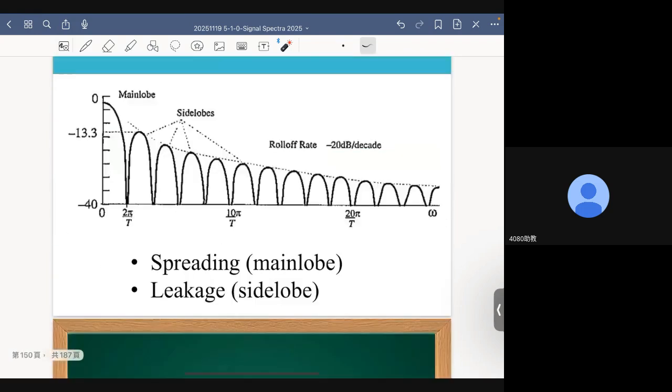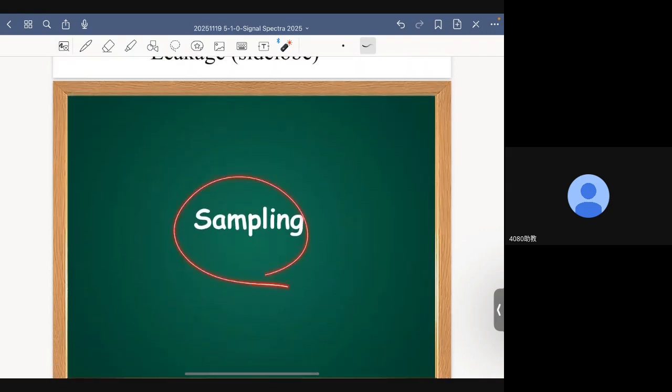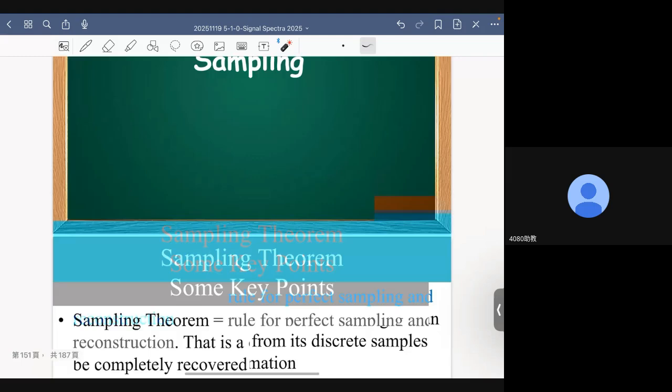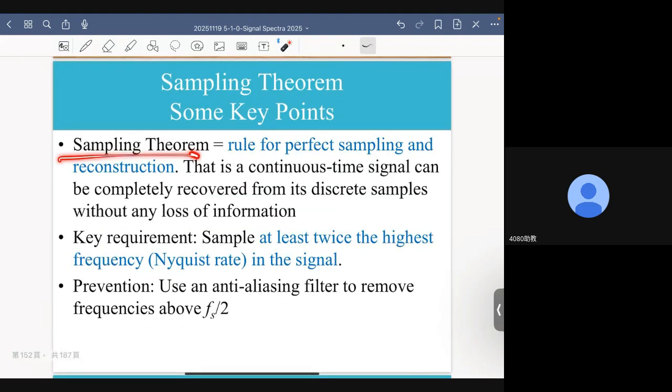Okay. Now let's go back to sampling. Okay, sampling operations. We talked about sampling theorems before. Now let's look at it again. Now, the sampling theorem. What does the sampling theorem tell us? It tells us the rule for perfect sampling and reconstruction.